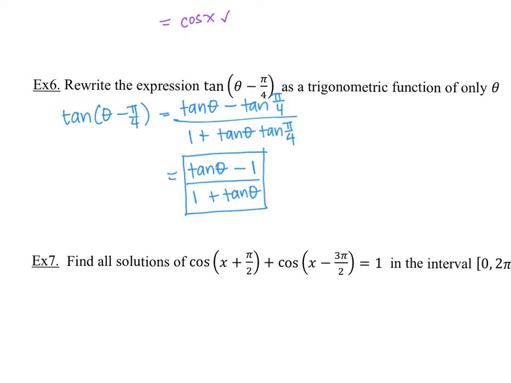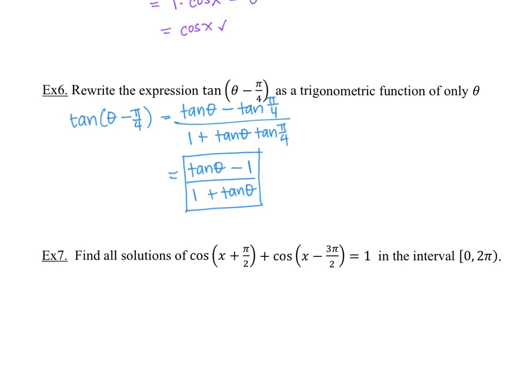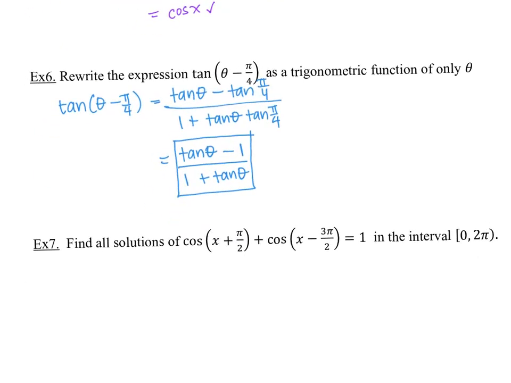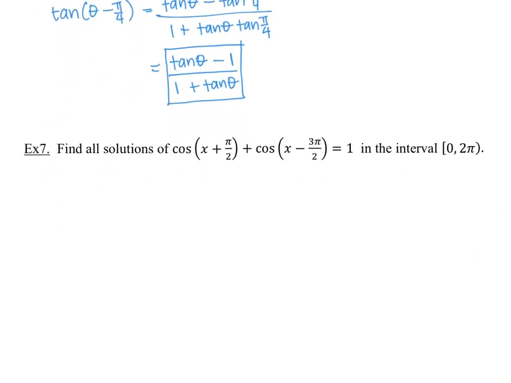Okay, the last example is how you might use these formulas while solving. It says find all the solutions of the cosine of x plus pi over 2 plus the cosine of x minus 3 pi over 2 equal to 1 in the interval 0 to 2 pi. So I'm going to try to solve this equation, but because of the crazy way it's written, I'm going to have to make it look worse in order to make it look better.